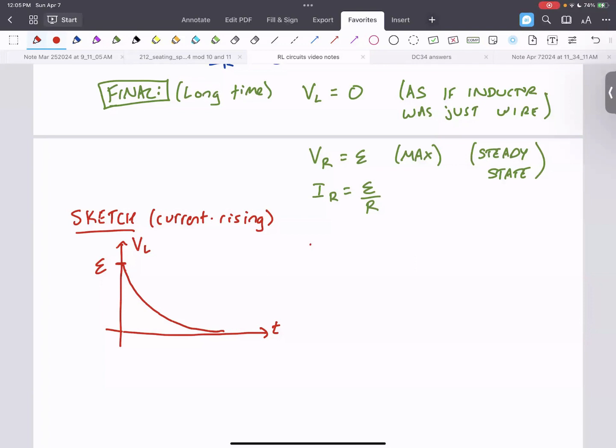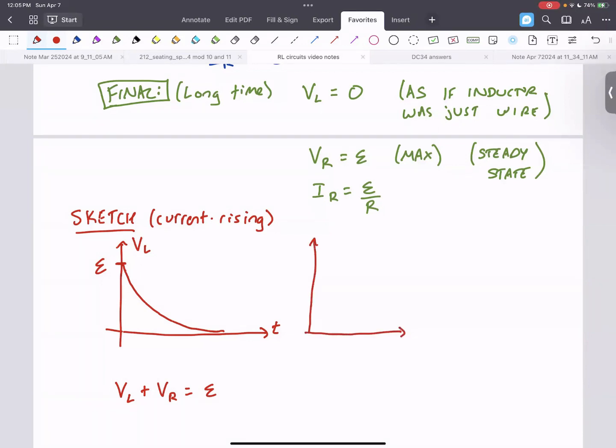You need a change in time. So initially the EMF is all across the inductor. And then remember, and I'll write it down here, VL plus VR has to be my total EMF, right? That's going to be our conservation of energy, just like we did with previous ones.